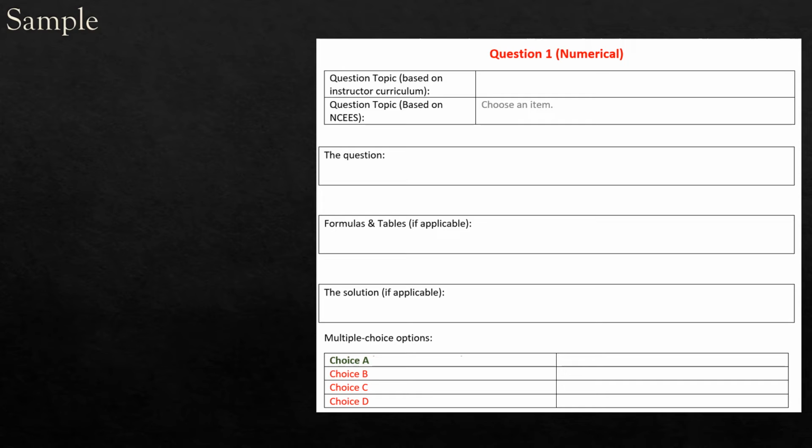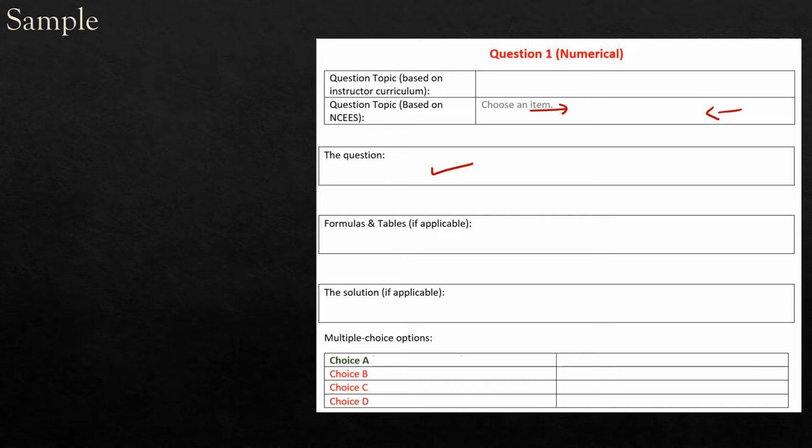Well, here you see the sample format of the question, which is related to the numerical problem. You will see the name of the topic here in this part from which the question is given. The question statement will be here.